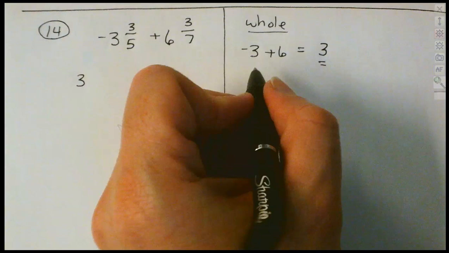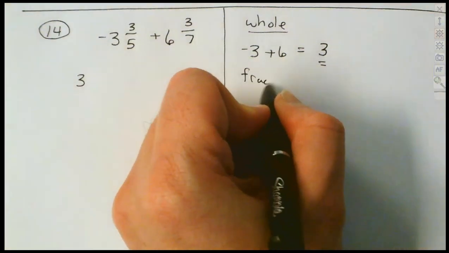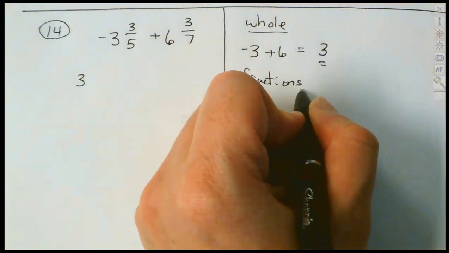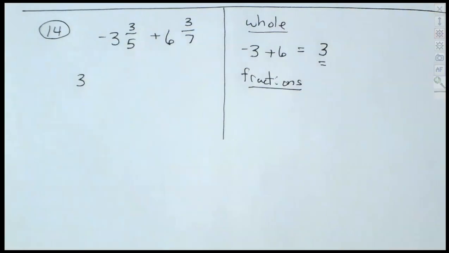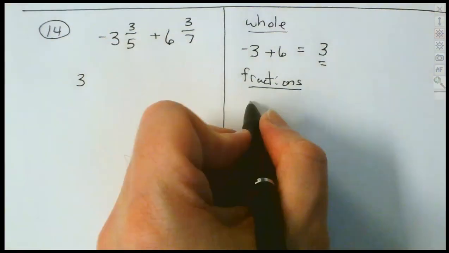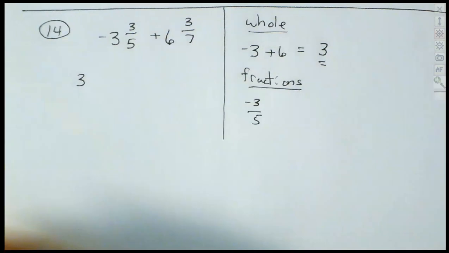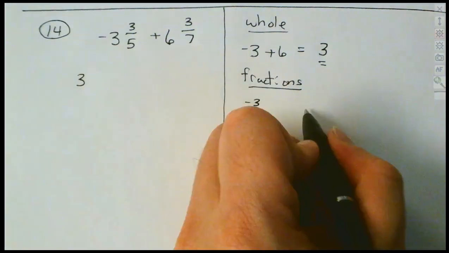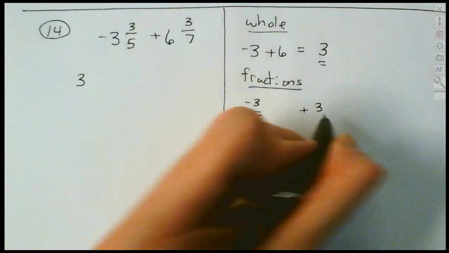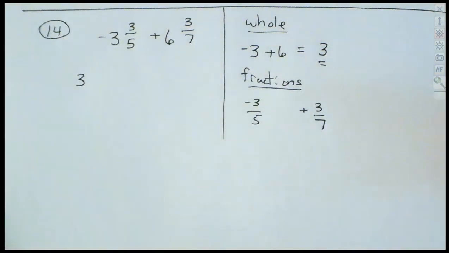What about now the fractions? Well, for the fractions, the sign comes with it. We have a minus 3/5, and we have a positive 3/7. All right, and we need to put these together.